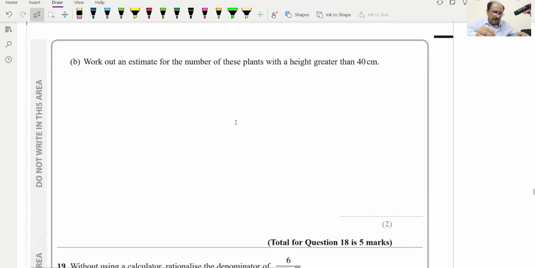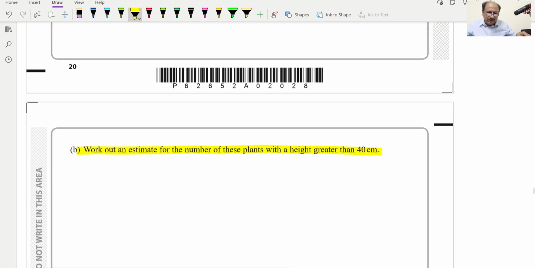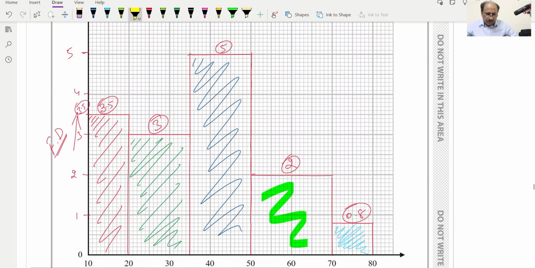After this they are saying work out an estimate for the number of these plants with a height greater than 40 centimeter. So height greater than 40 centimeter are how many?